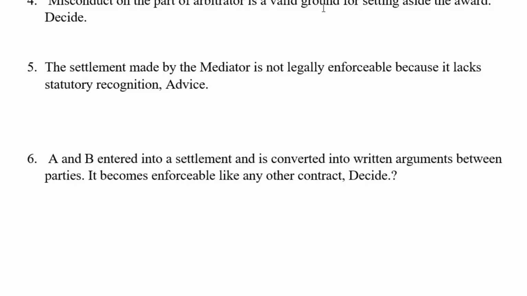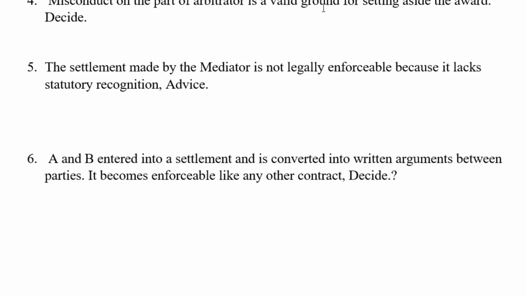He behaves in a conduct which is not agreeable. So under those circumstances, the award passed by the arbitrator can be set aside. That means you have to give the instances in which the act of the arbitrator has proved as a misconduct. So you have to discuss with regard to that aspect under the question number 4.